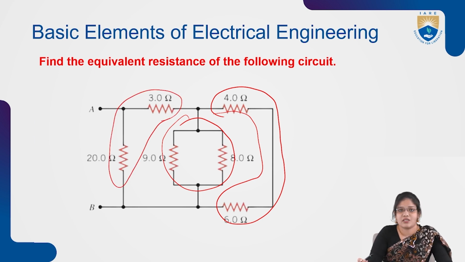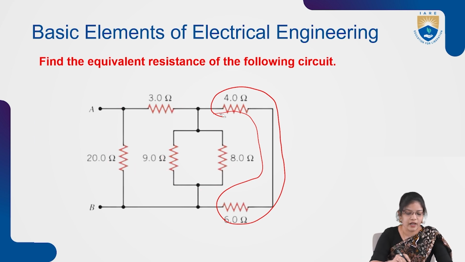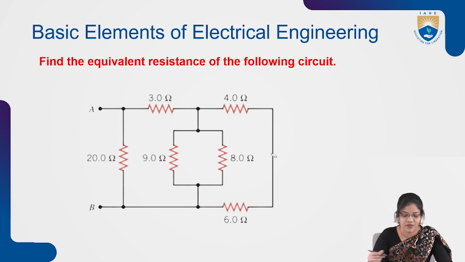So how can we say these circuits are in series and parallel? I already have mentioned, if the current is dividing in the section, the circuit is said to be in parallel. If the same current is flowing through the circuit, then this connection is said to be in series. So we have to calculate from the opposite side of the supply.